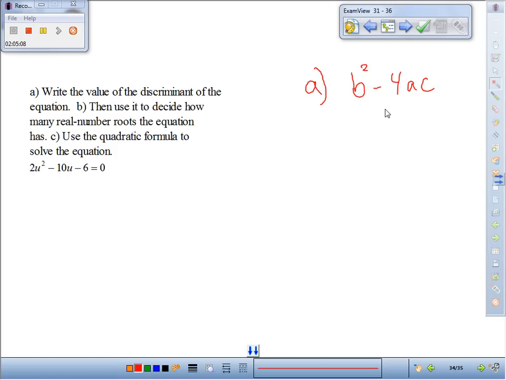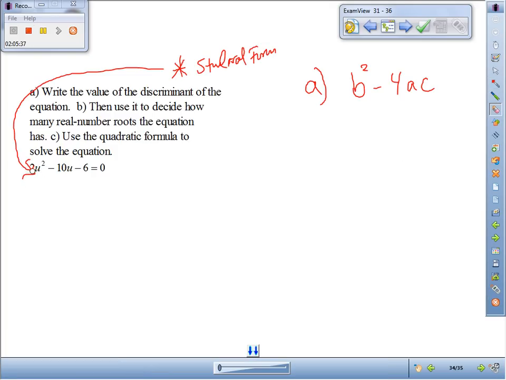Okay. So, everybody look up, make a note. Standard form. Make sure that the equation they give you is in standard form. Is it in standard form?